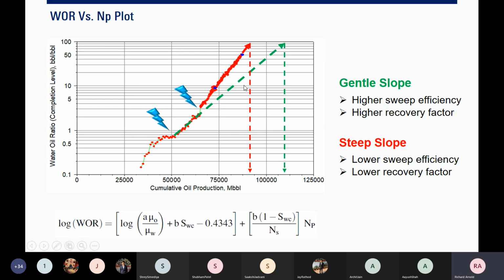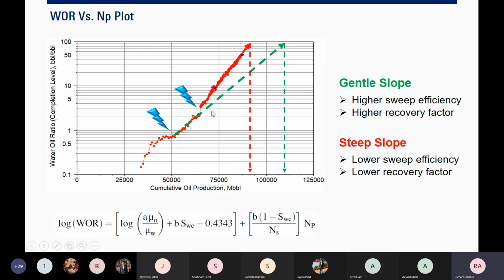Okay, finally, you can see if you forecast the period with gentle slope to the cut-off water oil ratio, you can actually obtain cumulative oil production of more than 100,000.